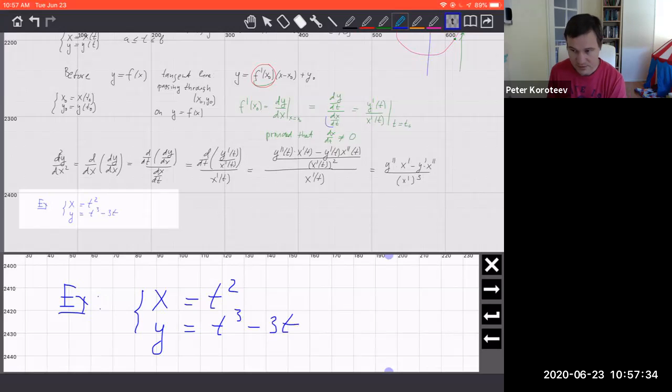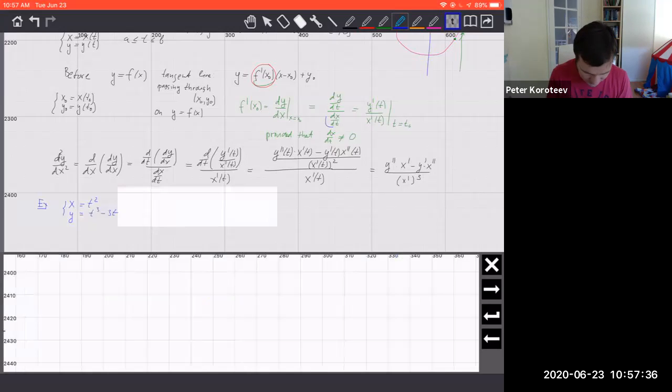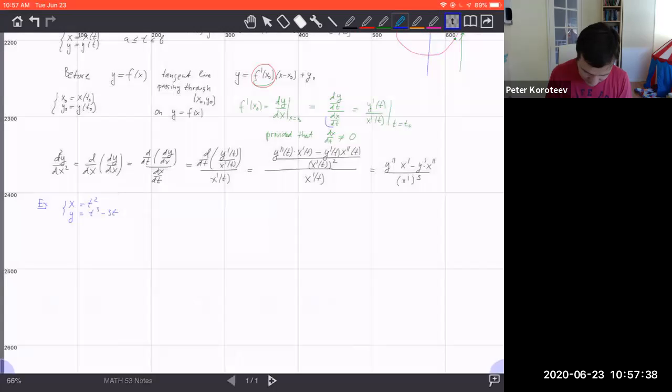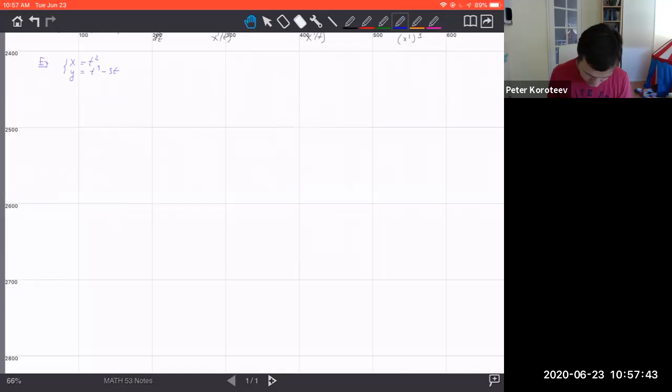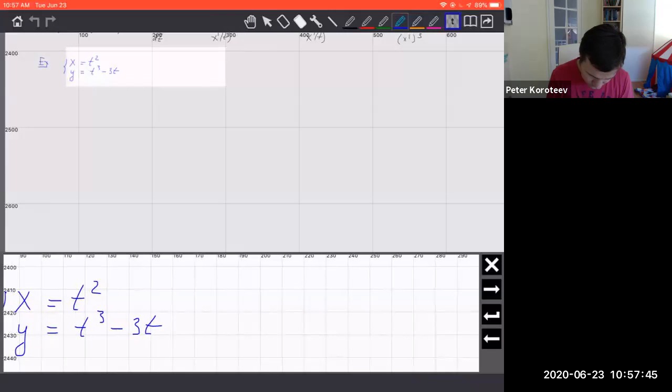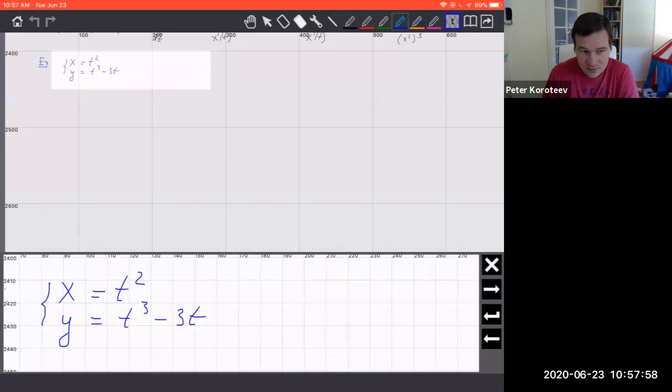Let's see what's going on with this graph. Let's just try to sketch it and see where the tangent lines are horizontal, vertical, and how in general this graph behaves.